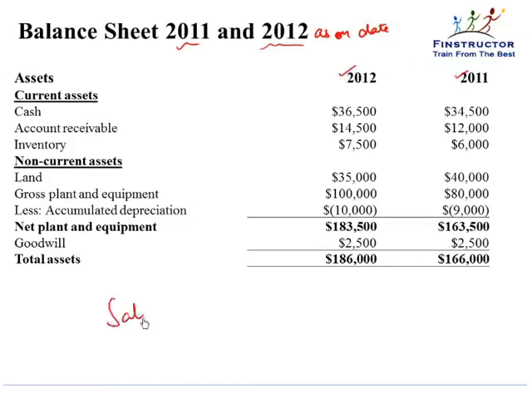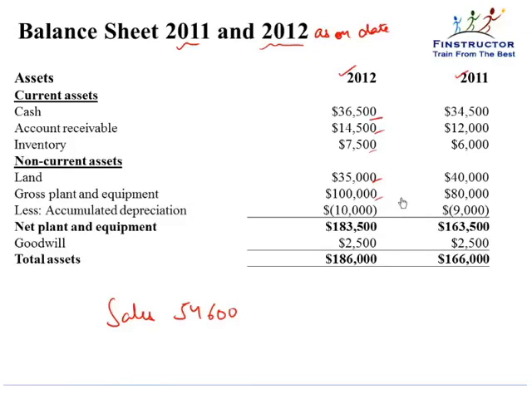Recall from the previous slide that the sales of the company was $54,600. So the asset side of the balance sheet has various components: cash, accounts receivable, inventory, fixed assets like land, plant and equipment, so on and so forth.